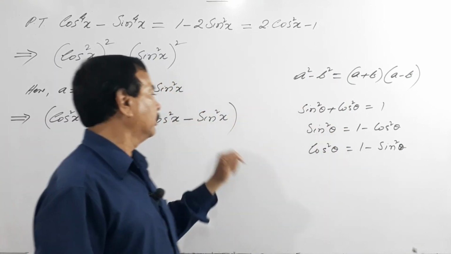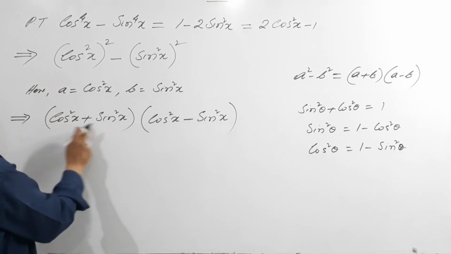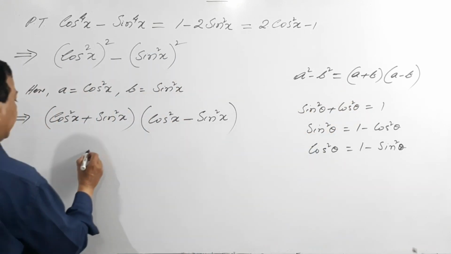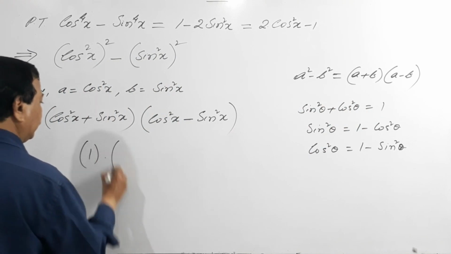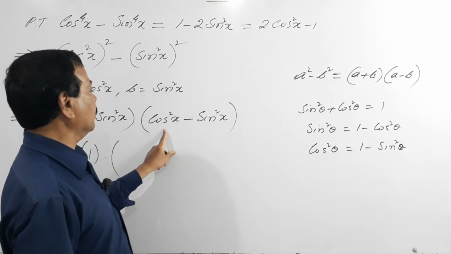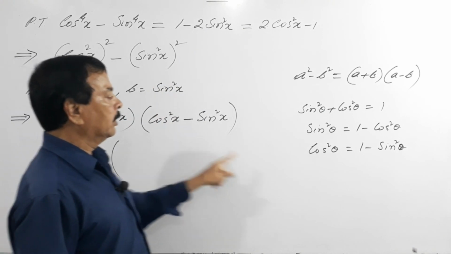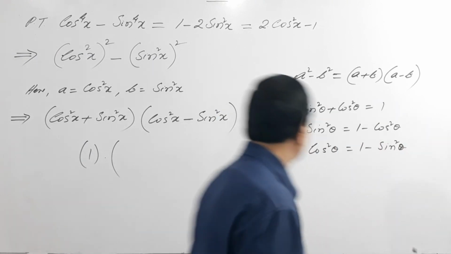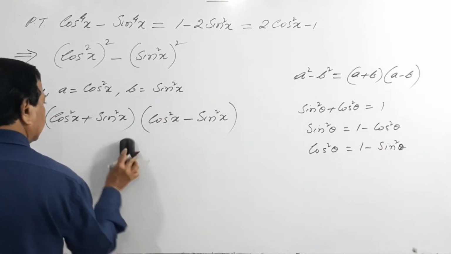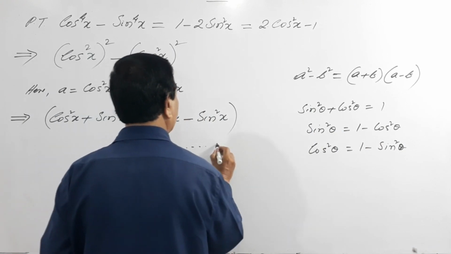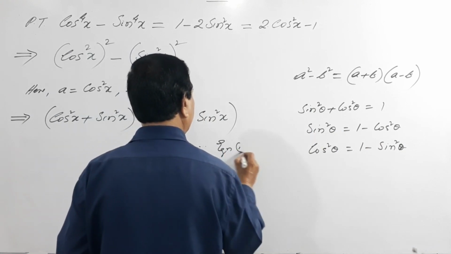इससे लूंगा मैं. तो ये क्या हो गया? sin square theta plus cos square theta becomes 1. So ये बन गया 1 into cos square x minus sin square x. I have to prove this. I call this as equation 1.